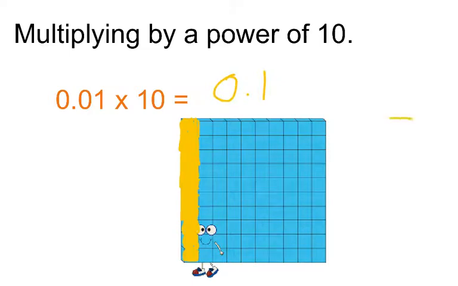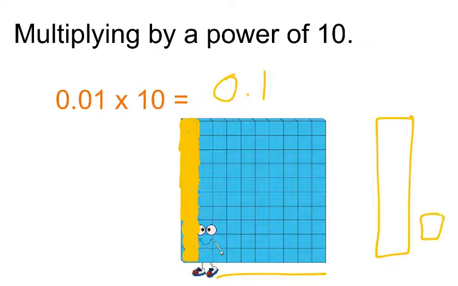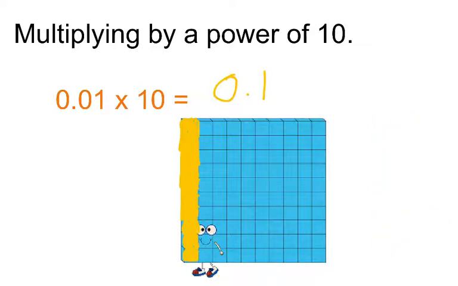And of course we remember from our base 10 system that one stick represents 1/10. One of these flats represents one whole, and then the smaller pieces, of course, represent thousandths, as shown in the previous example. So again, we have 1/10.